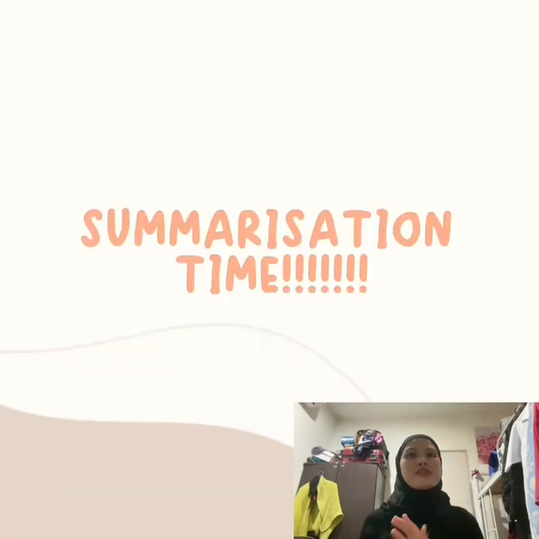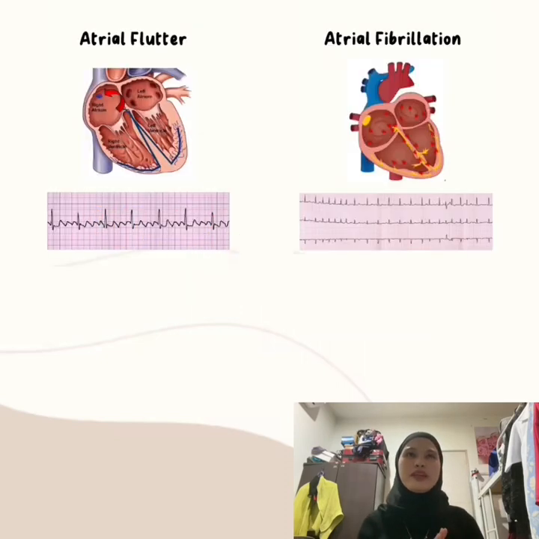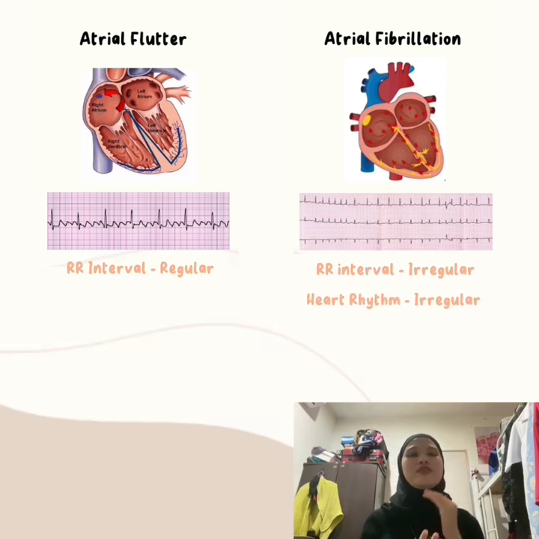Let us summarize what we have learned so far. In atrial fibrillation, the RR interval is irregular, whereas in atrial flutter, the RR interval is regular, which means that the heart rhythm in atrial fibrillation is irregular, while in atrial flutter, the heart rhythm is regular.